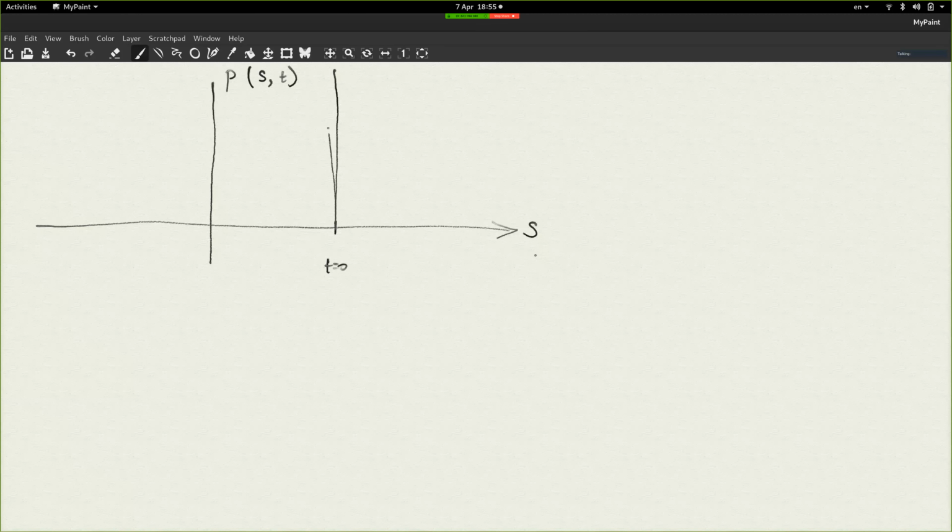We have this function which is infinite at point S0 and 0 outside. Then at some t greater than 0, we have a spike, but a finite one.